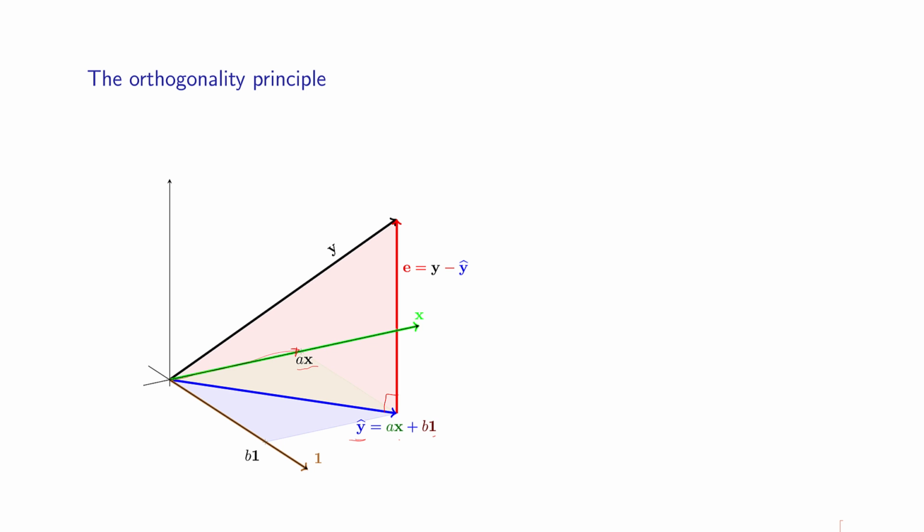So the error is perpendicular to the hyperspace of input data. And this is what most learning algorithms try to achieve.